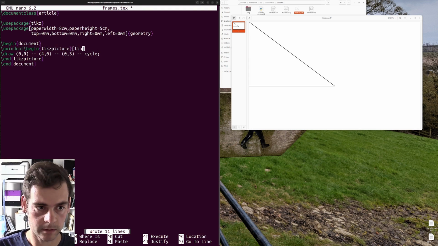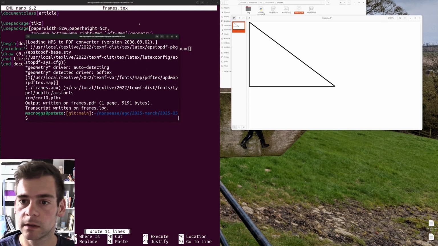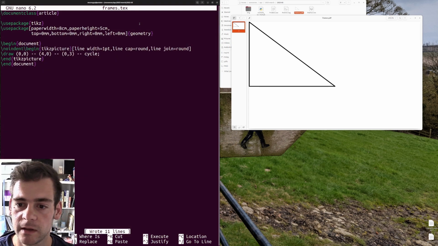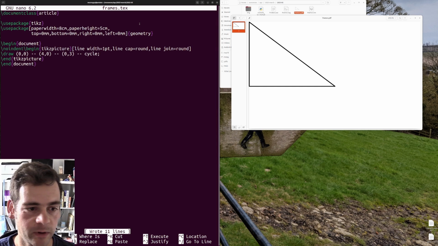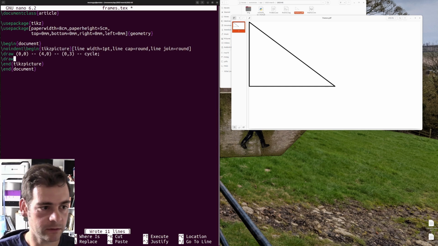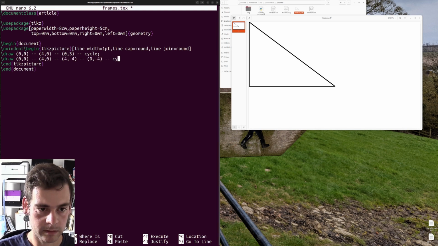And let's do line width. So I'm going to start by drawing a right angle triangle and putting a square on each side. So do that by saying 0, 0, cycle.